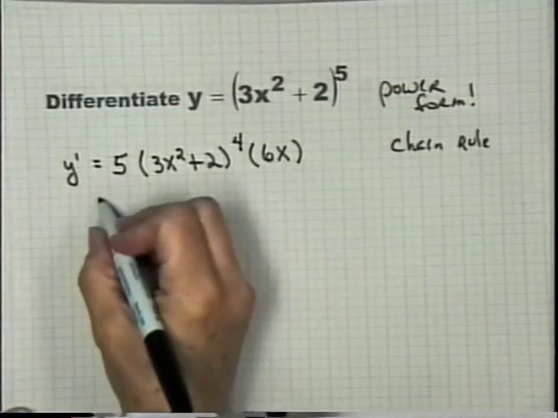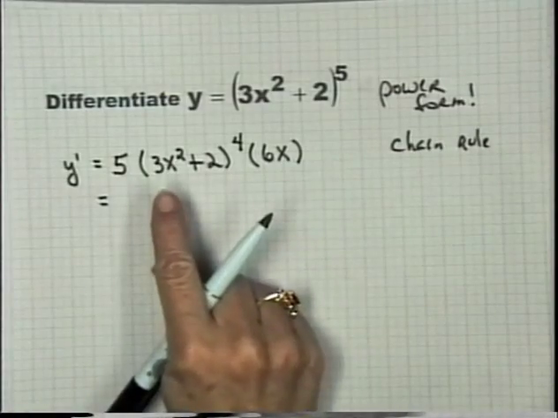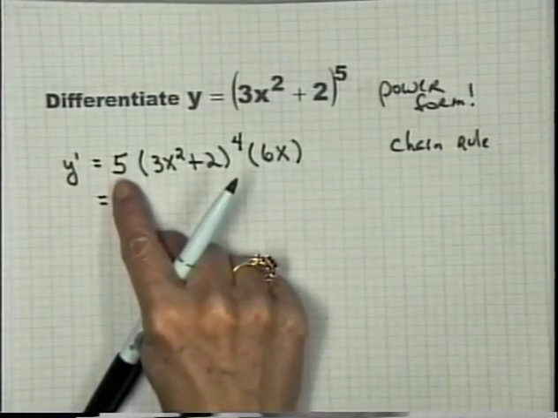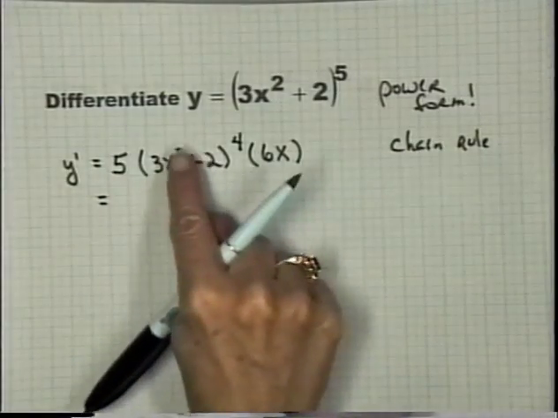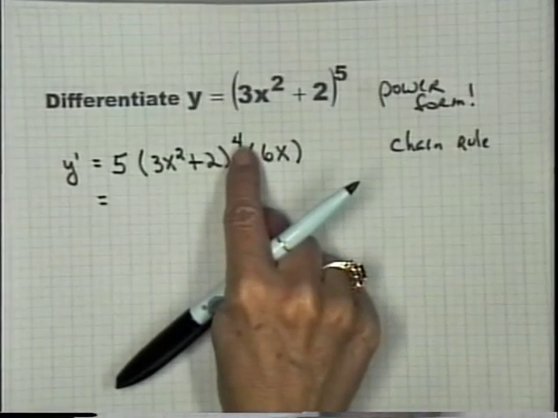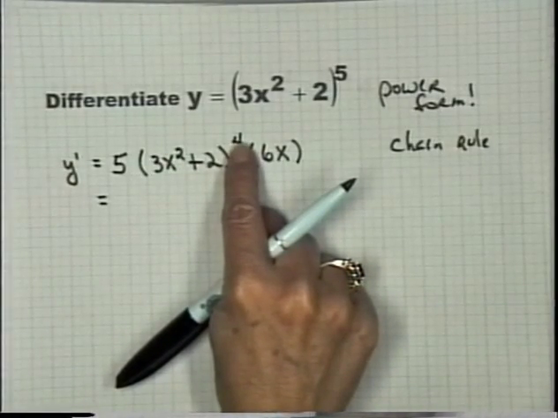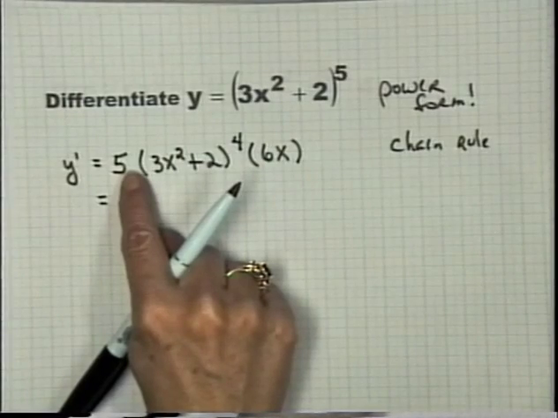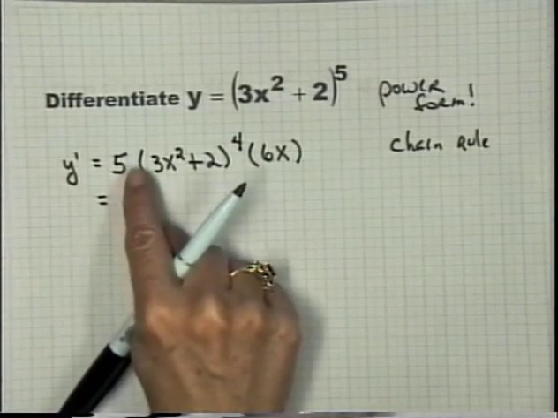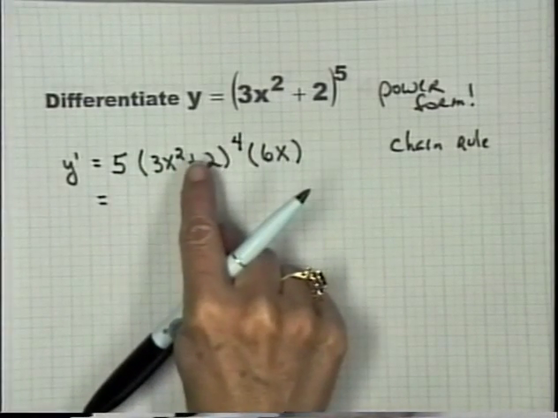Now we usually simplify. Now recall your order of operations. I cannot multiply 5 times the quantity in here because of this exponent. Remember, exponents happen before you can multiply. So the only way I could multiply by the 5 is after I've raised this to the 4th power.